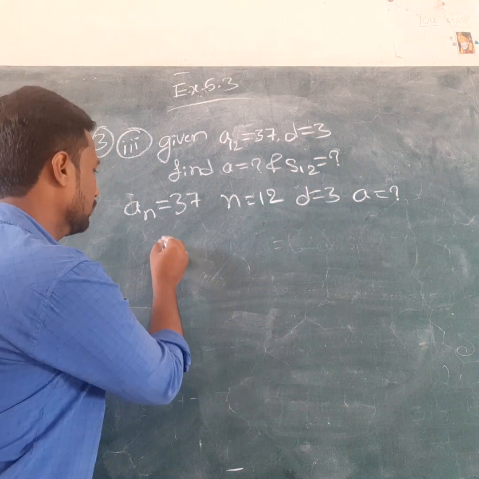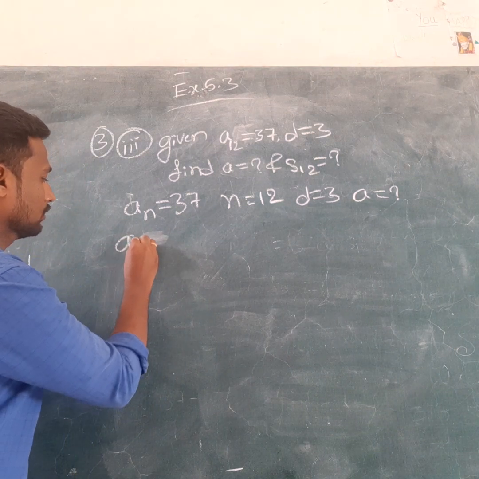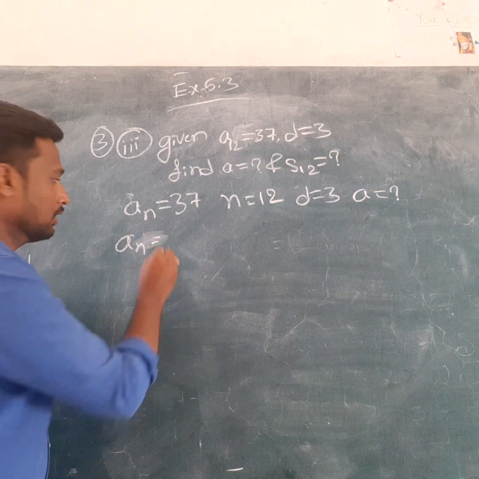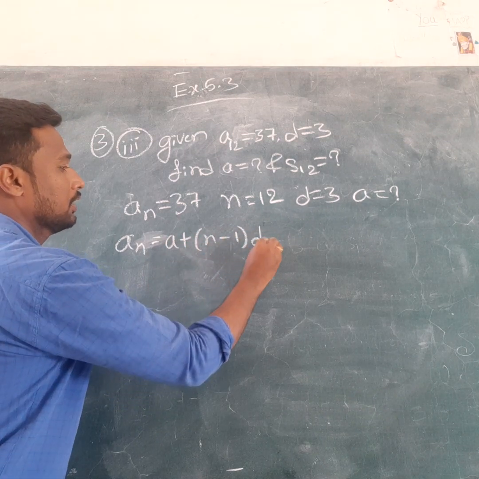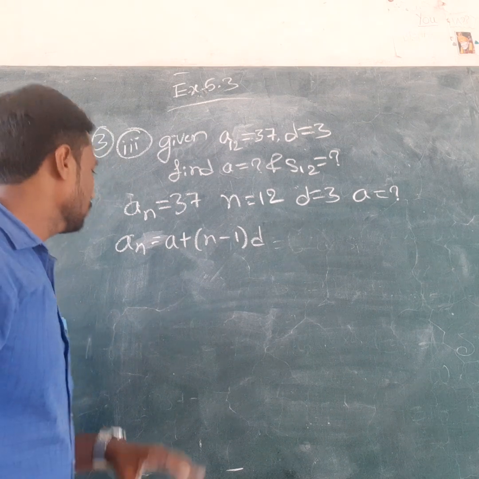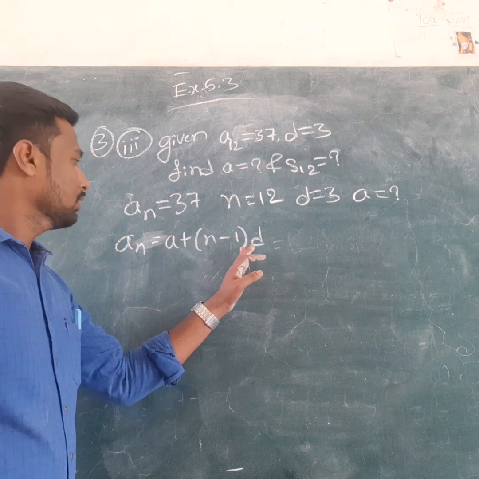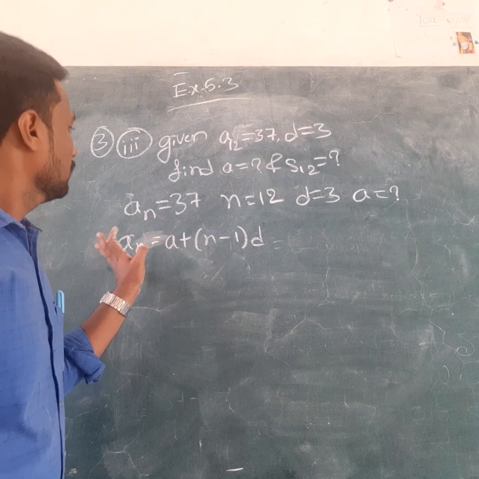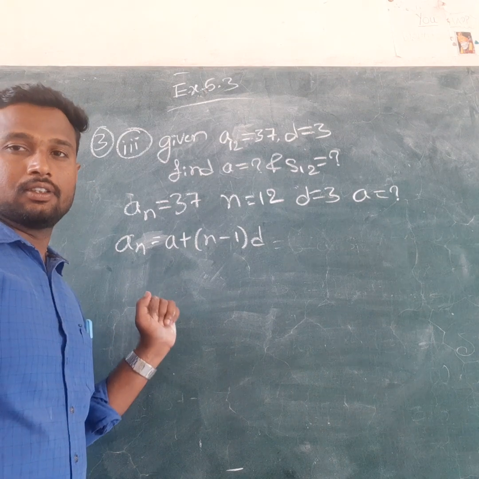So here we can use An is equal to a plus n minus 1 into d, because already we know value of An, n and d. So by these values easily we can calculate value of a, right?